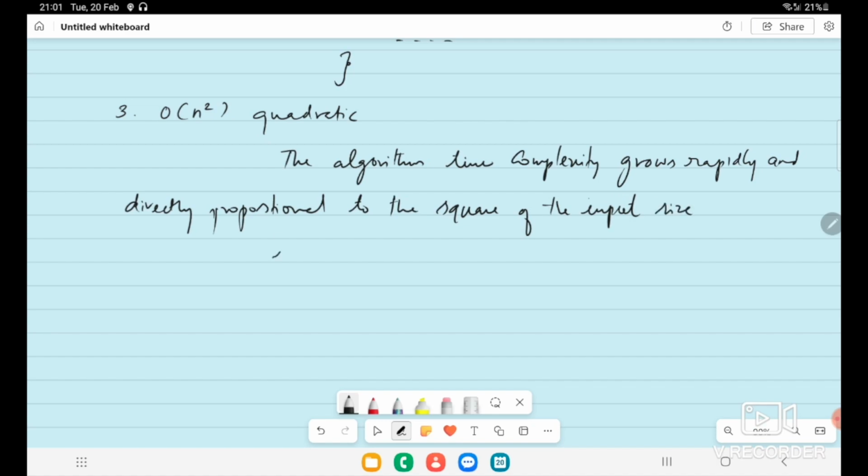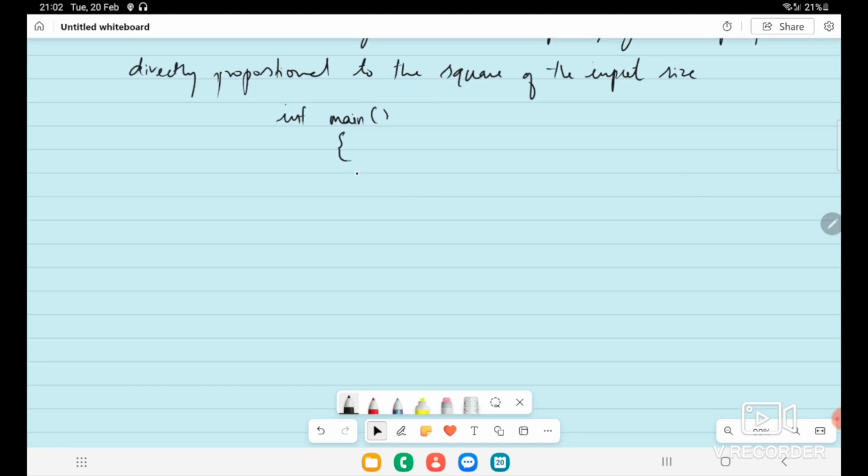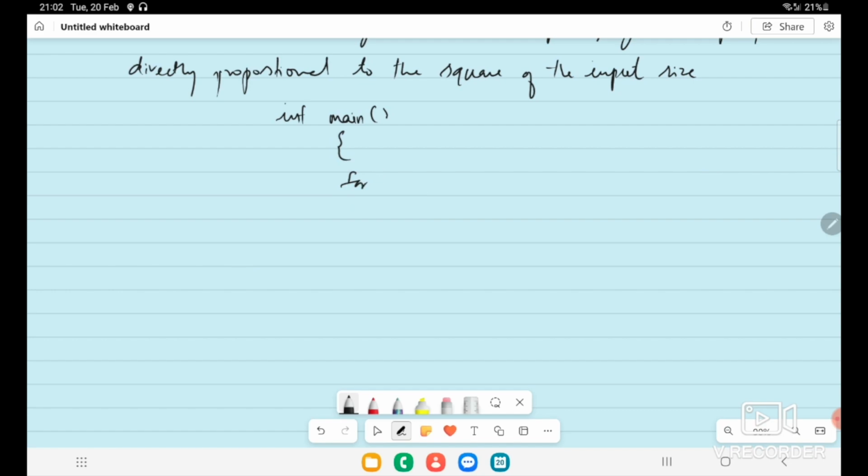Here I can give the example of int main, for i equal to 0, i less than or equal to n, i plus plus, for j equals 0, j less than or equal to n, j plus plus, some code under the second for loop.